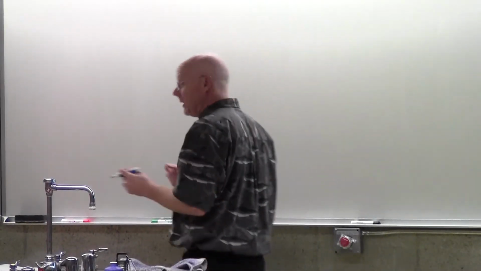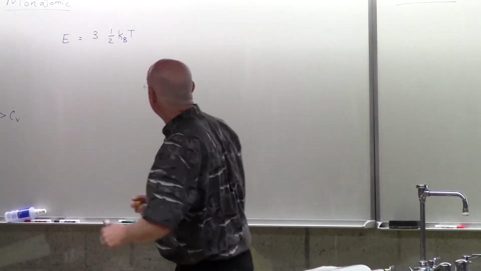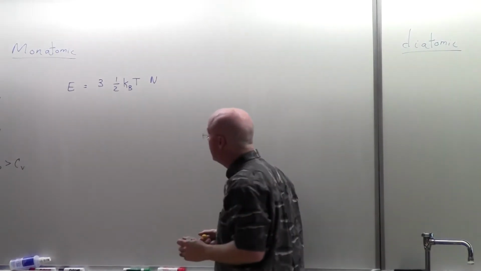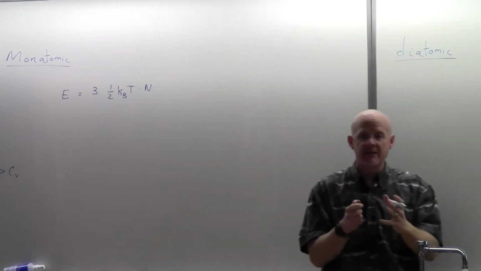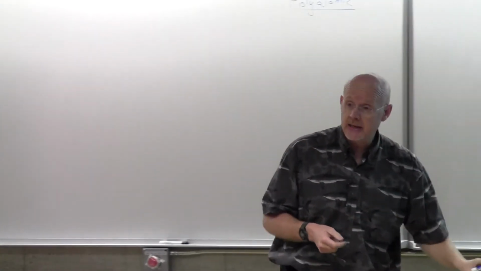There's only 3 places they can go: a movement in the X, a movement in the Y, a movement in the Z. If we multiplied that by N, then that would be, of course, the total energy of this container, N being the number of molecules in this container.